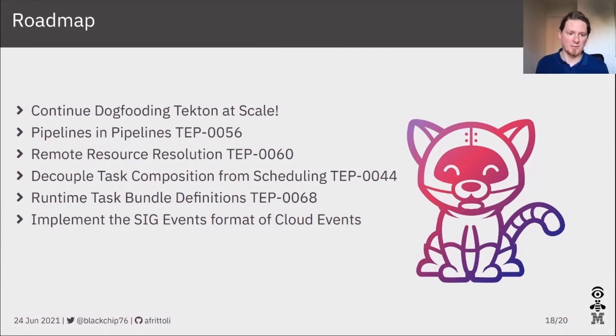We are working on optimizing the execution of combinations of tasks through decoupled task composition and scheduling. As well as we want to make bundles more powerful by allowing to define which bundles need to be used at runtime as opposed to author time as it is today.